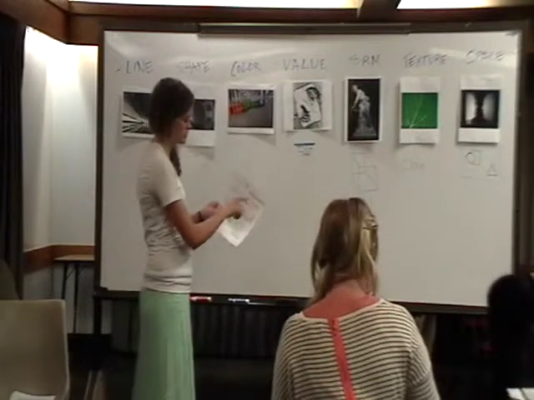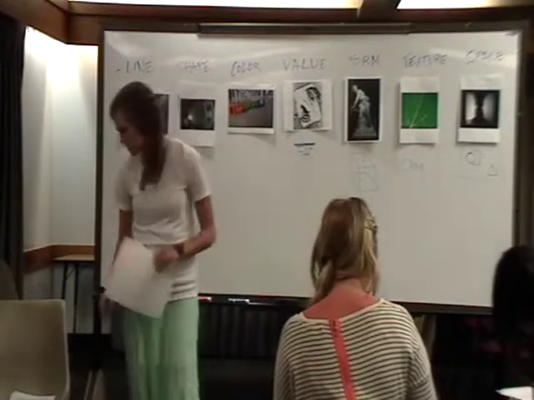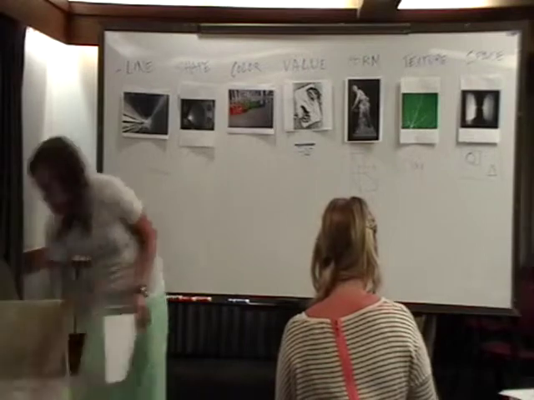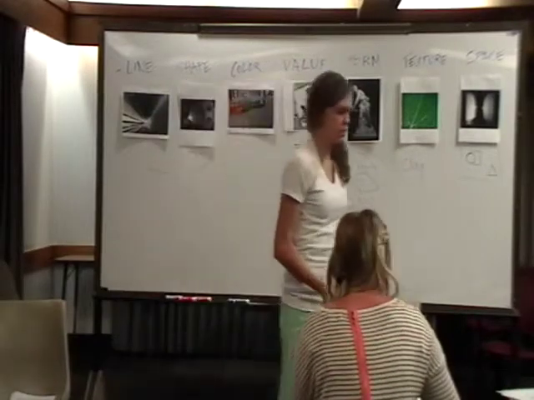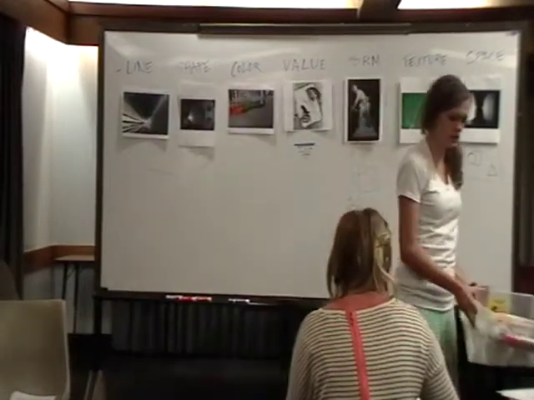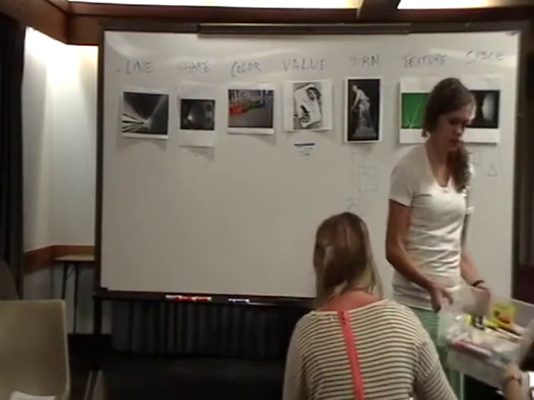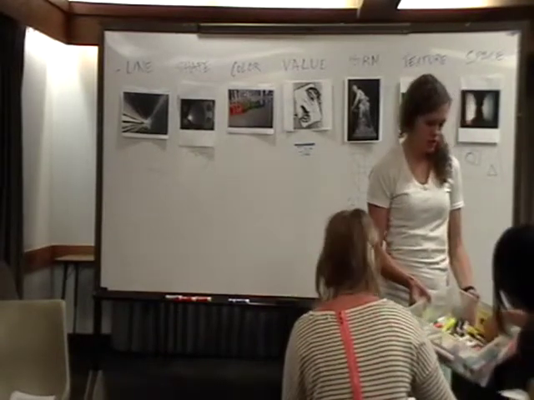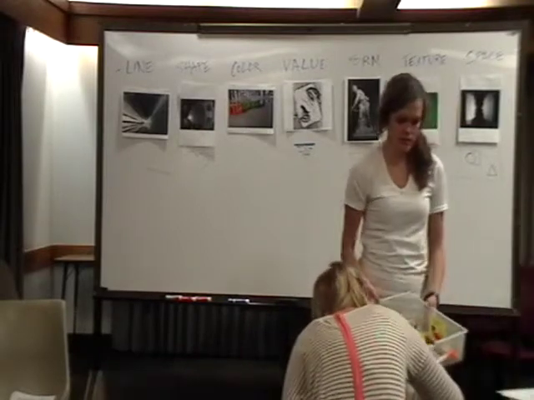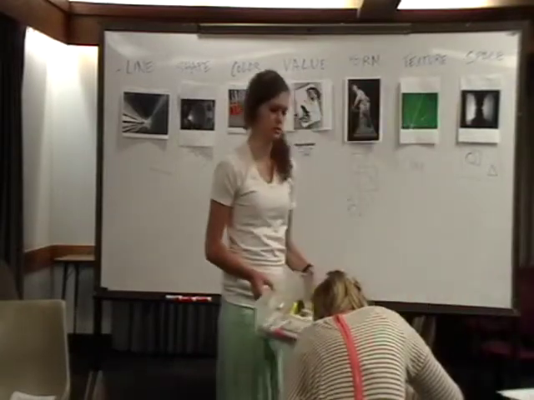And then there's also the value and shape. And there's markers right here. And when you've completed all of the sides, you can cut it out and tape it to be a cube. And we will use it next class period to refresh on our elements.